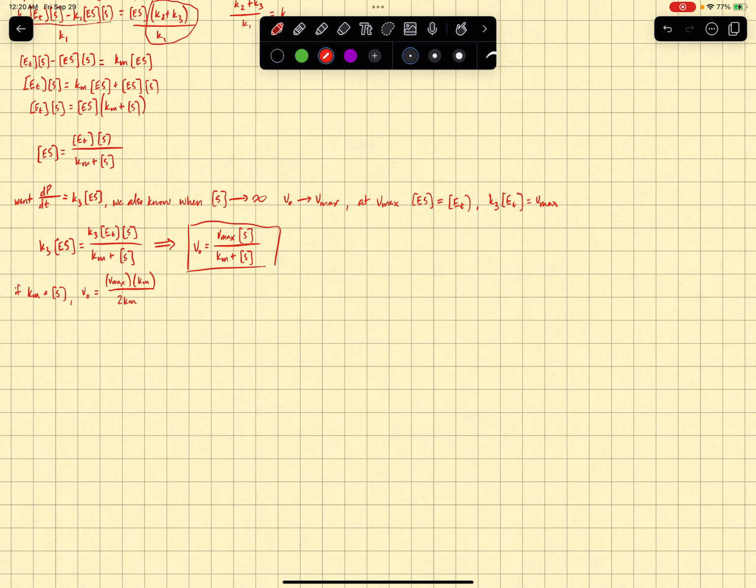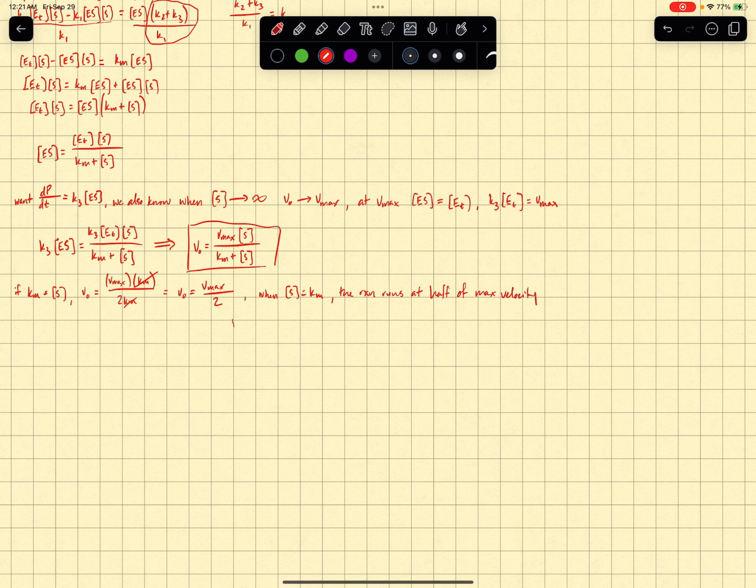So these Km's would cancel out, and we're left with V naught is equal to Vmax over 2. So that's like a proof of saying, when the substrate concentration equals Km, the reaction runs at half of max velocity.